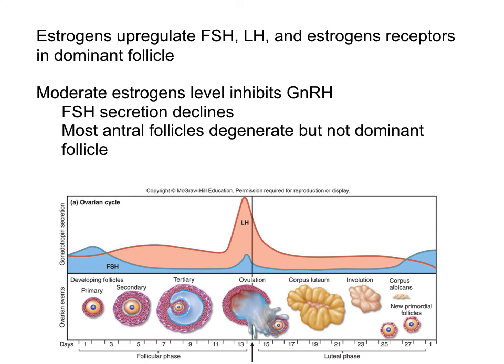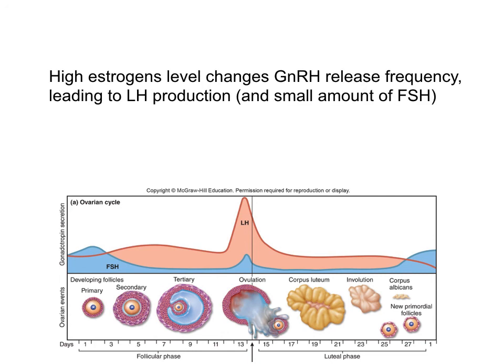As estrogen levels continue to climb, the high levels of estrogen have a different effect on the hypothalamus. High estrogen is going to stimulate your hypothalamus to begin releasing GnRH again, however, with a different release frequency.